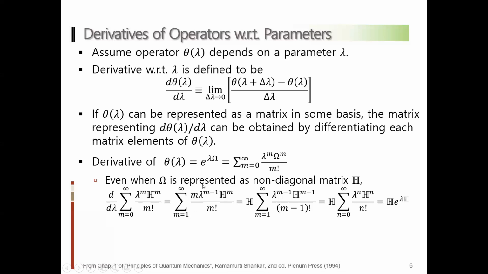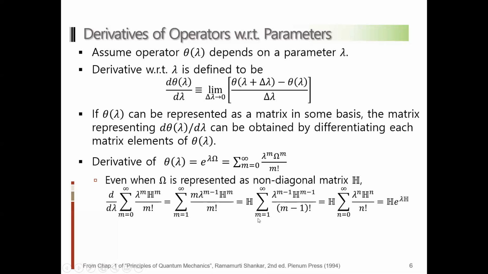And then with this expansion, this one will cancel the m, so it will be the factorial of m minus 1, and then we can just split this H to the m into the multiplication of H and H to the m minus 1.